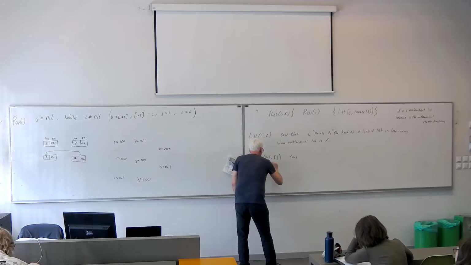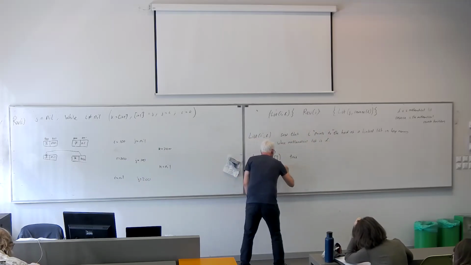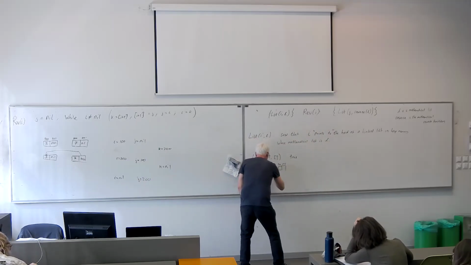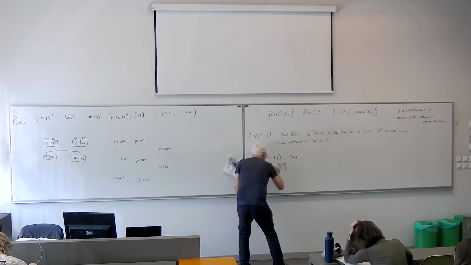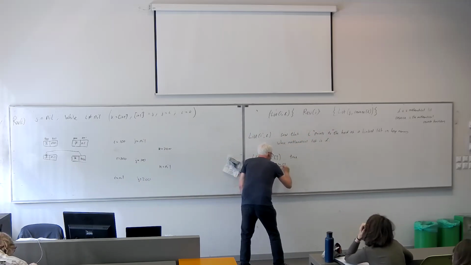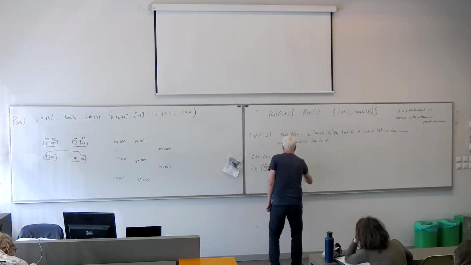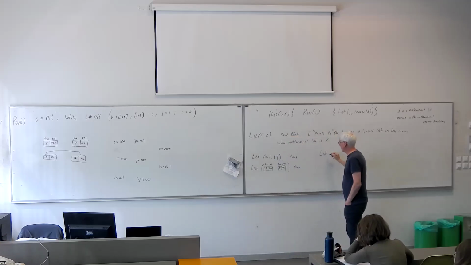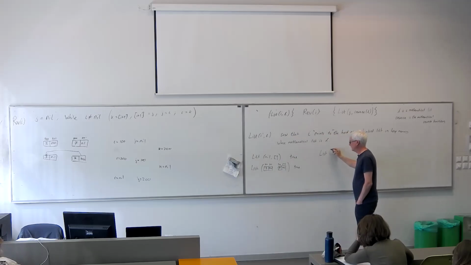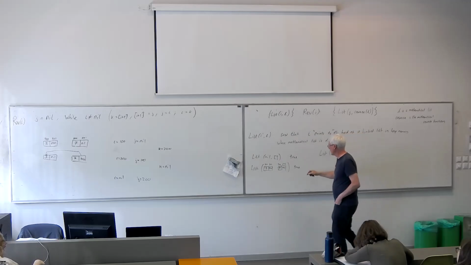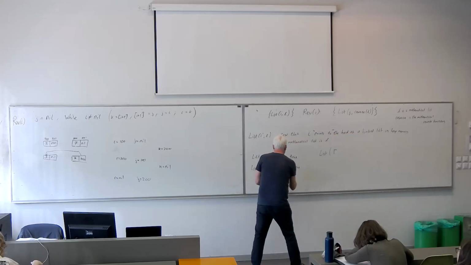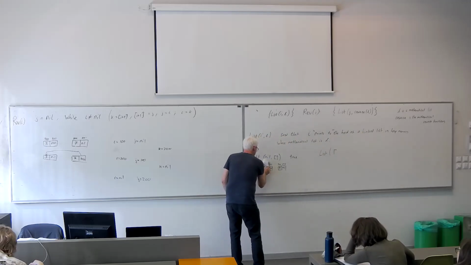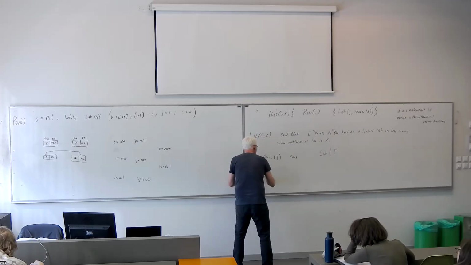So 100, 101, 200, 201, 3, 200, 7, nil. This is true, but sorry, this should be list 100.